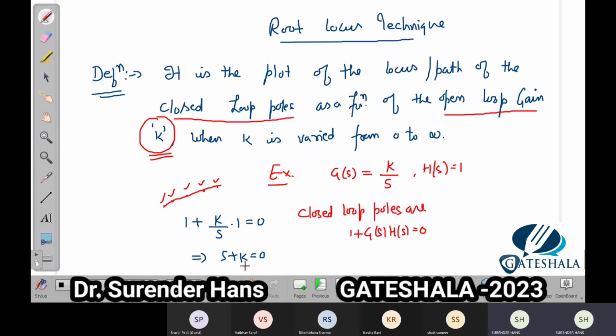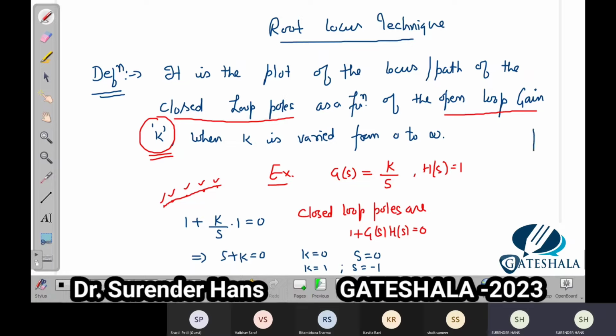If I put different values of K, I will get different closed loop poles. If I put K equal to 0, I will get one pole at the origin. If I put K equal to 1, I will get one pole at s equal to minus 1, like that. If I put K equal to 2, I will get another pole at s equal to minus 2.